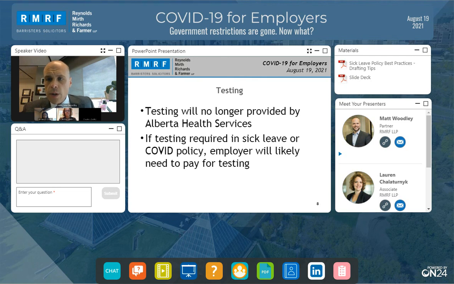And then another issue that has come up quite a bit with organizations that are looking at implementing some sort of vaccination policy, whether it is a rapid testing policy or a mandatory vaccination policy, is where you have individuals who are exempt, and you're requiring them to remain masked while other people in your workplace are not.